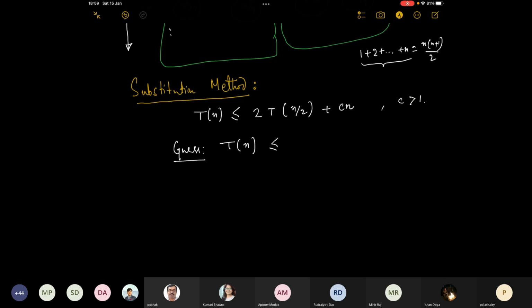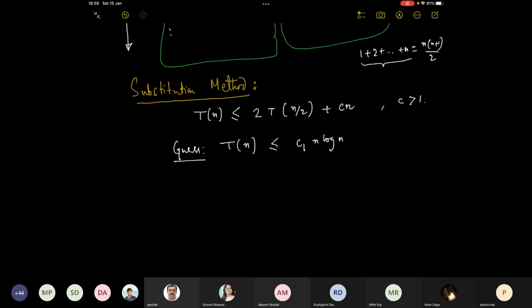So I guess that T(n) is less than or equal to, since I know it is Big O of n log n, some constant times n log n. So let me write C1 times n log n. I'll find out what value of C1 I should put. Any constant will work.